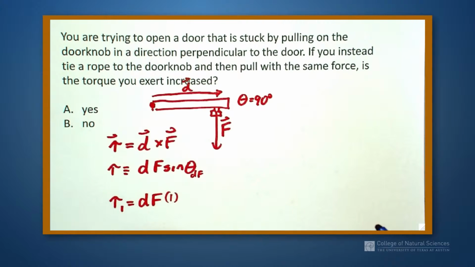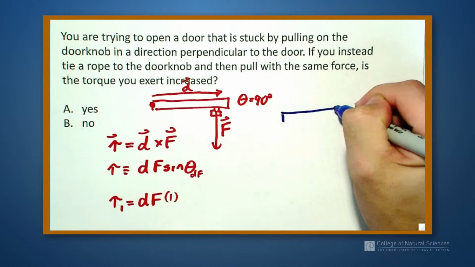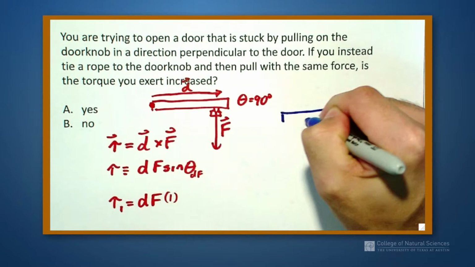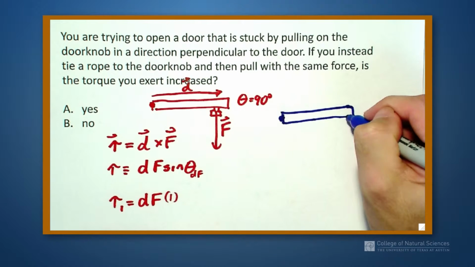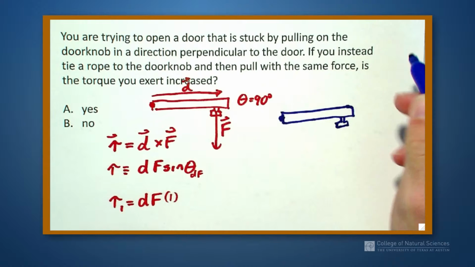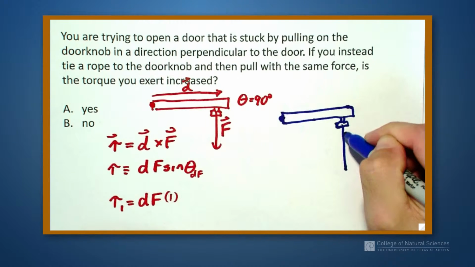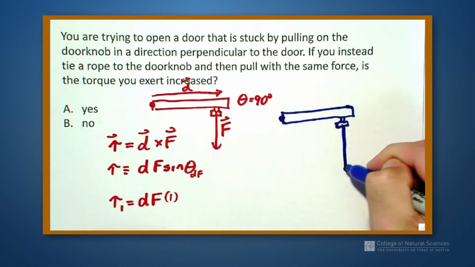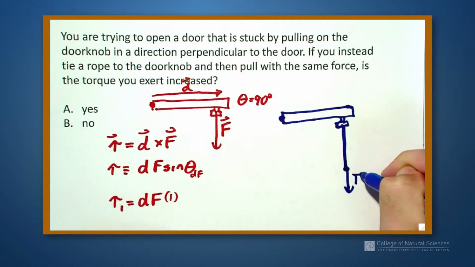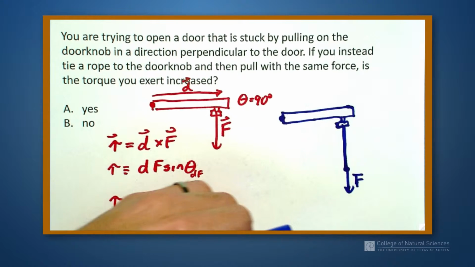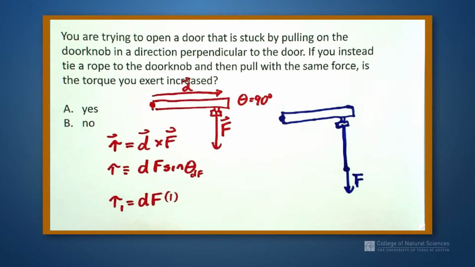So let's look at the second case, where we have the doorknob attached to the door. We have our hinge again. And this time we're going to put a string over, and then we're going to pull with a tension force, or our force again applied there. Well, there are two ways to think about this problem.